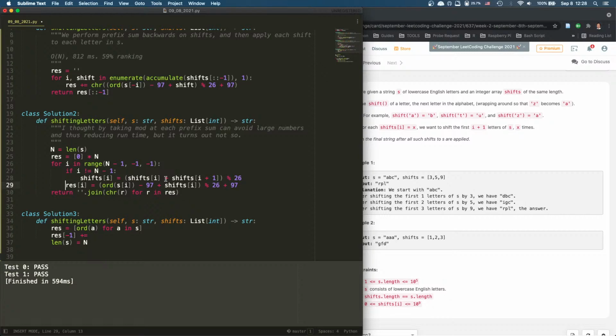Let me think. And plus, we cannot get the original value because I'm changing this one. Okay, well, that one can be resolved.